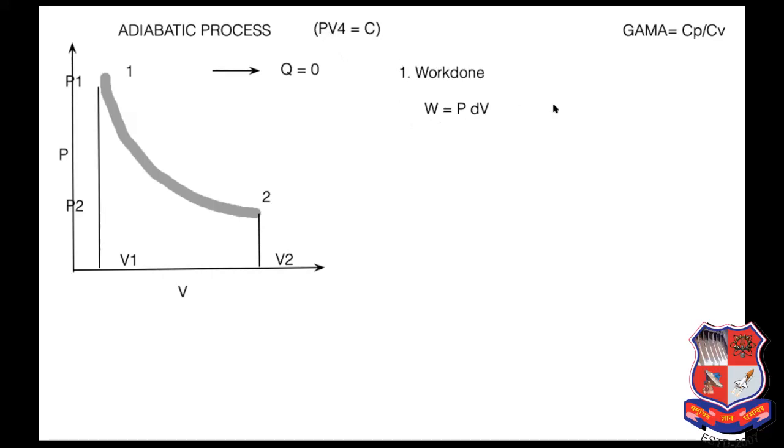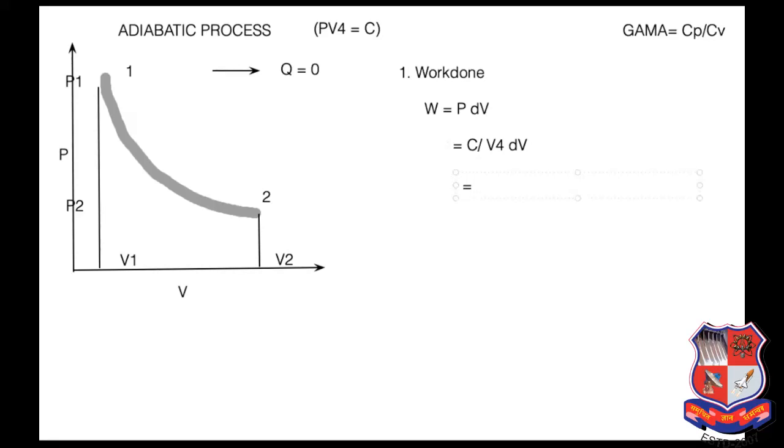When we put the value of P from this equation, we can derive W easily. So if we put P is equal to C divided by V raised to gamma into dV, it is the integration, and after the integration, C is common out.